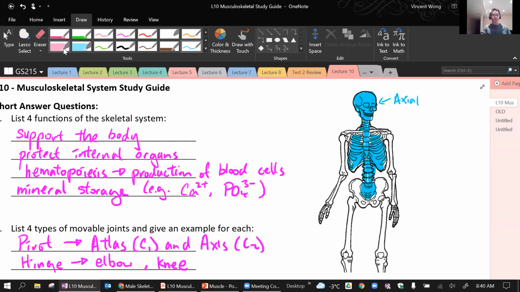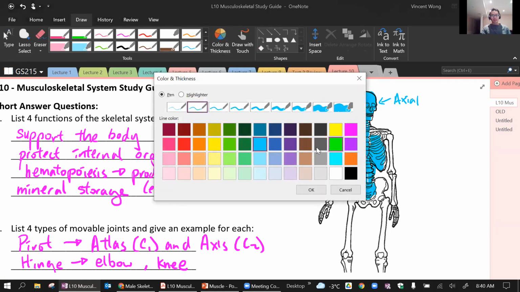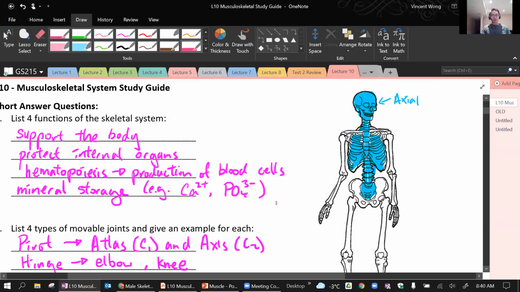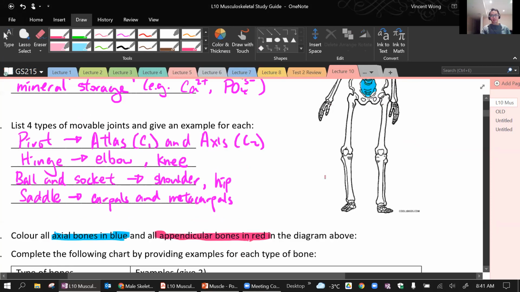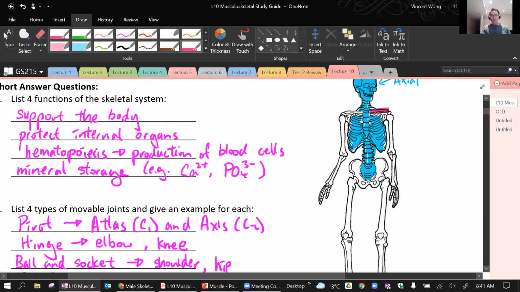And then everything else is going to be part of the appendicular. So appendicular in red. Okay, so we have the clavicle, the entire arm, humerus, radius, ulna, carpals.